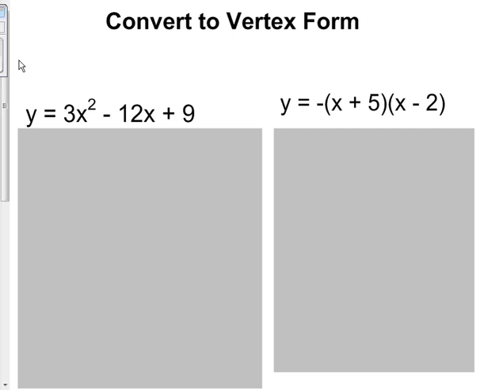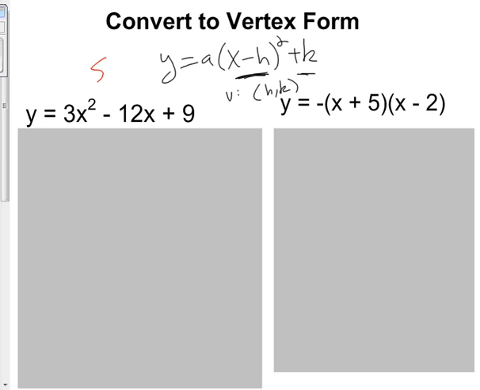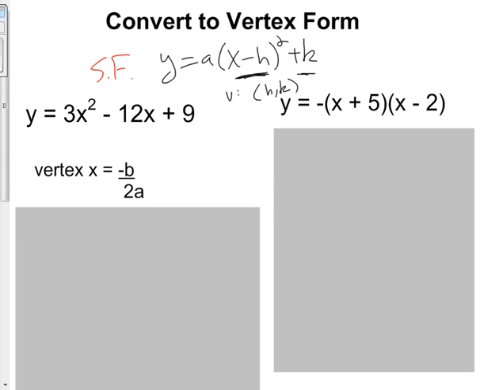All right, last but not least, convert to vertex form. For vertex form, we're just going to find the vertex. So to find the vertex of a standard form, I'm going to write this down real quick. Vertex form looks like this. The vertex is (h, k). So if we start with standard form, to find the vertex, that is negative b over 2a.